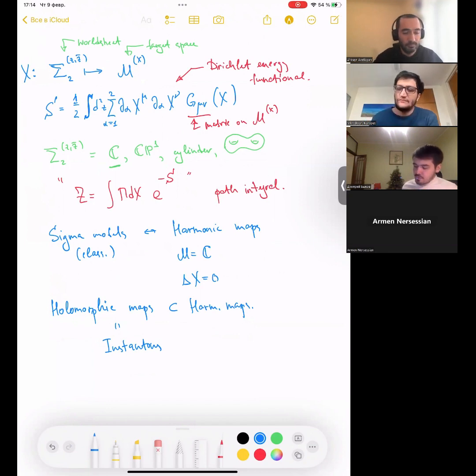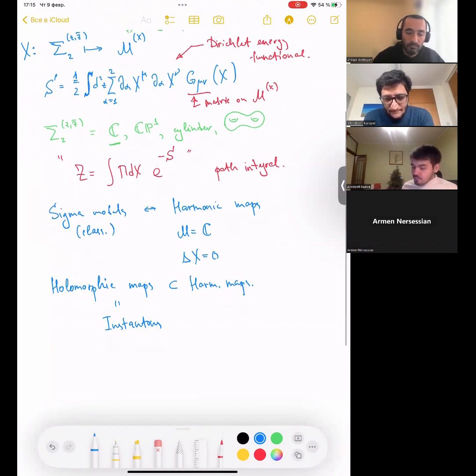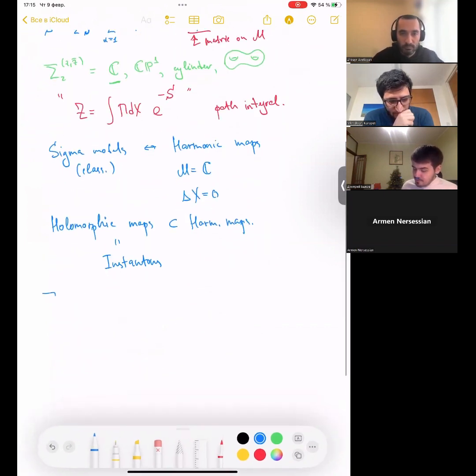One other reason that we want a complex structure is that we actually want to write the action in complex coordinates. I mean, in conformal coordinates. So in principle, we could imagine that this sigma is equipped with a metric, right?